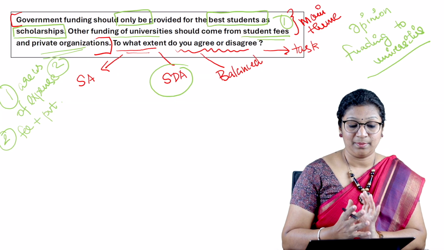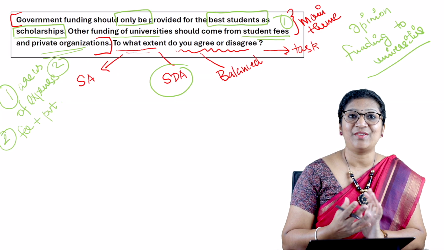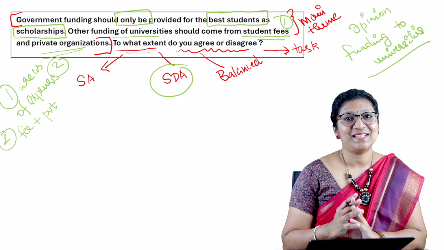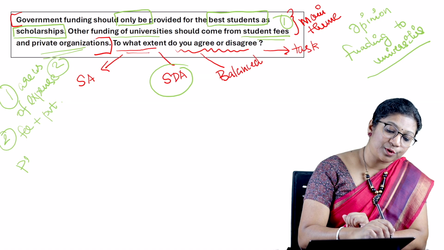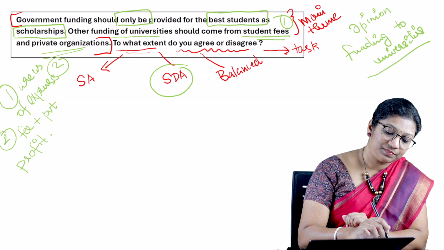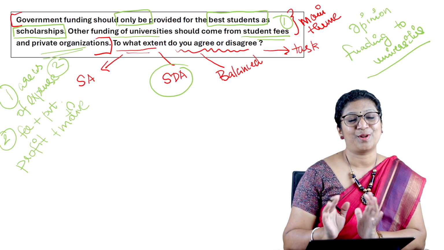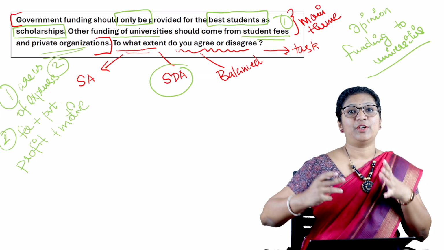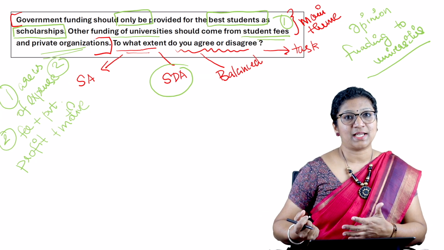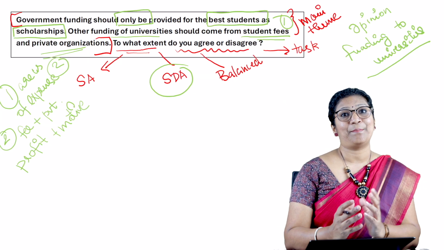Because it's easier, because we have a key term here, private organizations. And whenever we think of private organizations, what comes to our mind first? Profit, okay? Profit motive, or you can say profit oriented is what we talk about, I think, in terms of private organizations. So imagine if a university depends on private organizations for its funding, what do you think would happen?